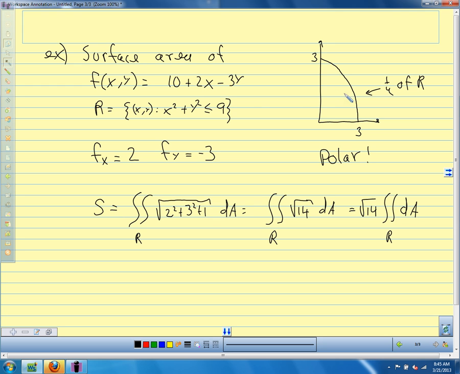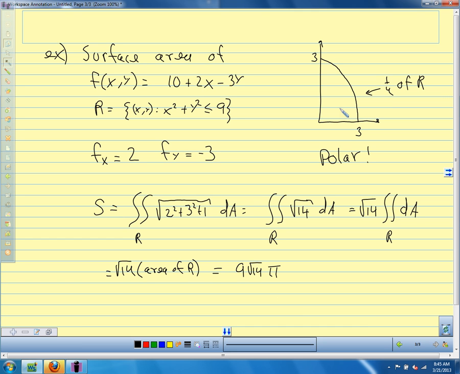What's the area of this region? 9 pi, right? Just the area of the circle. Our region is a circle, so we don't even have to integrate here. We don't even have to set up our integral. The double integral of dA is just the area of the region. So this equals square root of 14 times the area of R, which is going to be 9 square root of 14 pi, because the area of the circle is 9 pi.